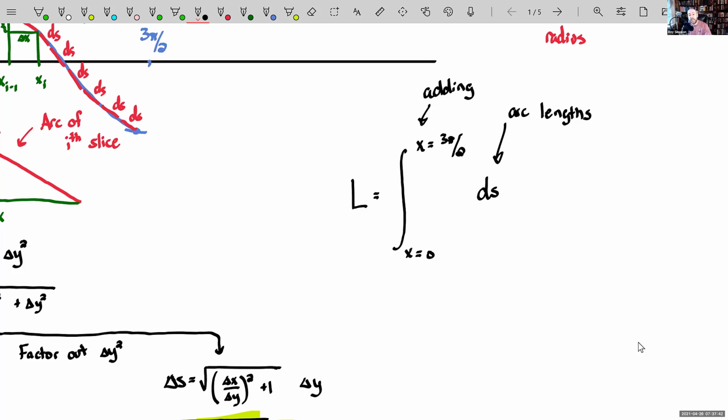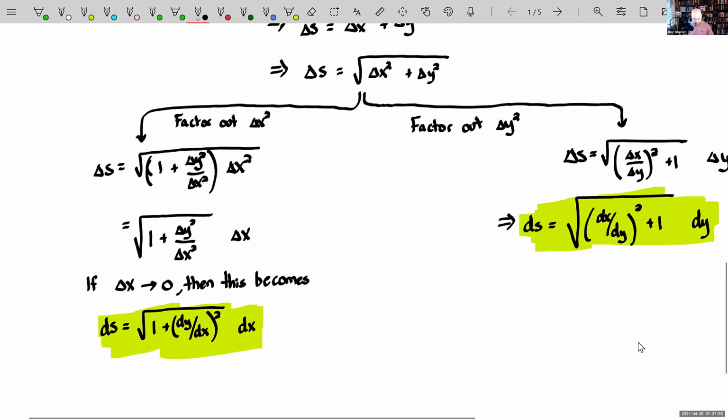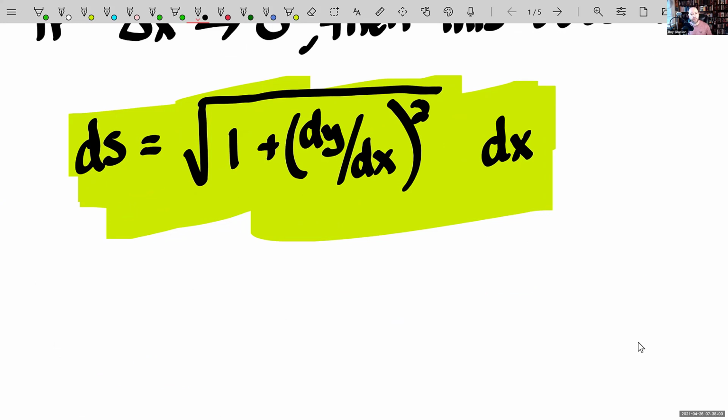And the ds that we choose will just depend on whether we are integrating, or slicing, with respect to x or with respect to y. Everything from this point forward, every time you integrate, you're just going to ask yourself whether it's with respect to y or x. If it's with respect to x, then you're going to replace ds with the square root of 1 plus dy/dx squared, dx.